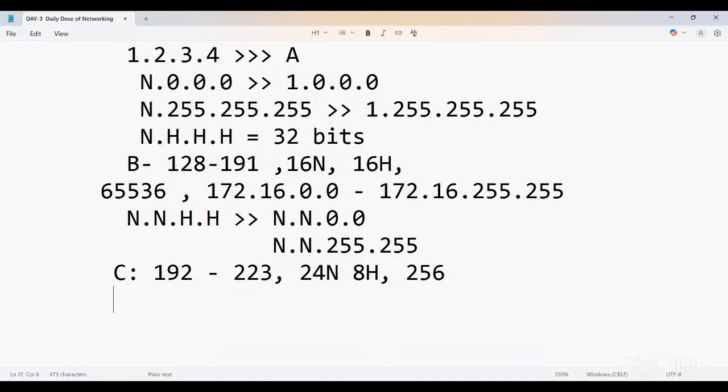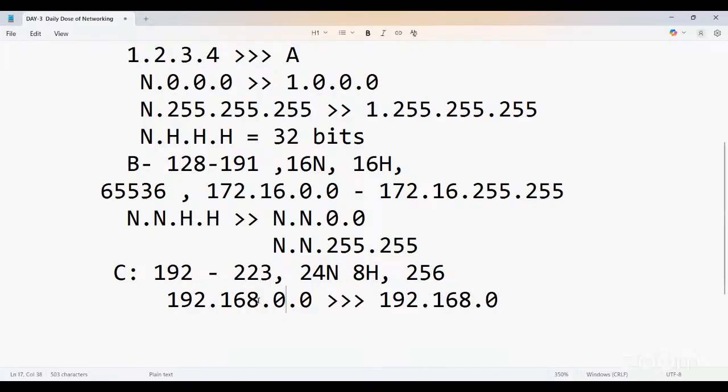An example could be 192.168.0.0, and it will go up to 192.168.0.255, because you cannot touch the first 24 bits here. These are the network. So here it will be dot 255, not 256.